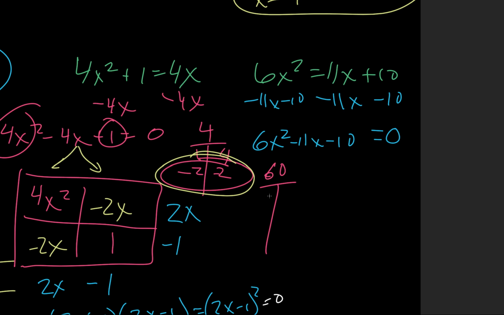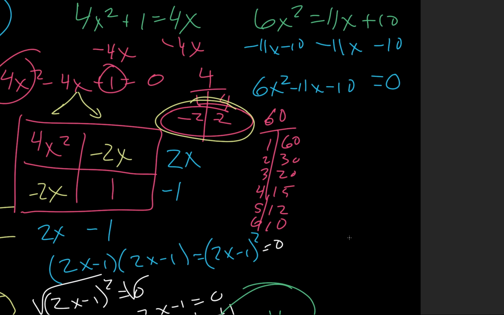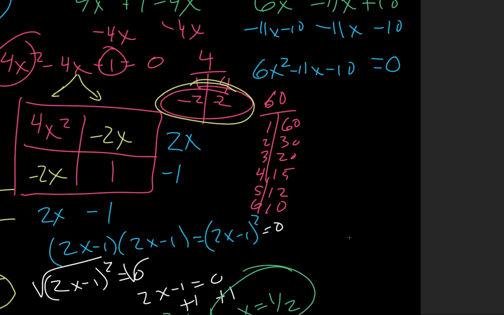Break up 60 into 1, 60, 2, 30, 3, 20, 4, 15, 5, 12, 6, 10. And we're trying to make that into negative 11. And so, let's see, which one? This one will give us that. So we have a negative 15.